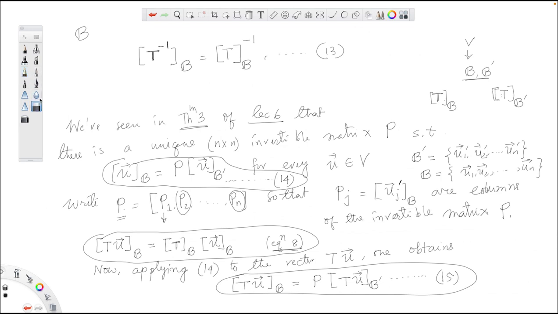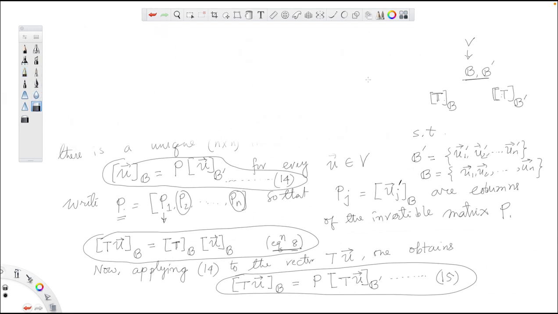Let me create some room here to proceed. Using these three equations, one has the coordinate matrix of the vector Tu relative to the ordered basis B is equal to P times the coordinate matrix of Tu relative to B prime.